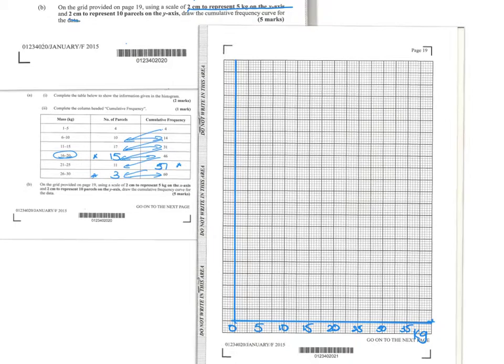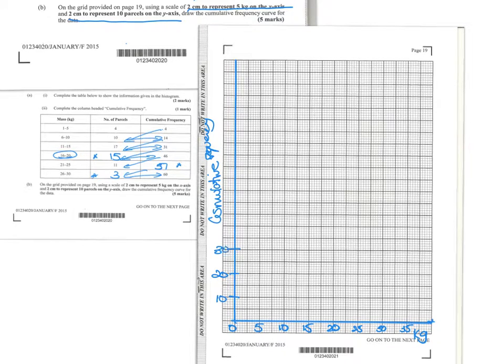They have told us on the y-axis they want 2 centimeters to represent 10 parcels. So we know that on the y-axis against cumulative frequency, those will be the points that we will be plotting. So the upper boundaries will be 5.5, 10.5, 15.5, 20.5, 25.5, and 30.5.